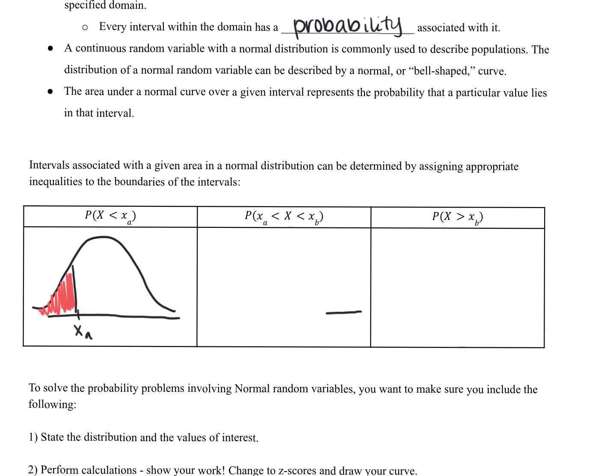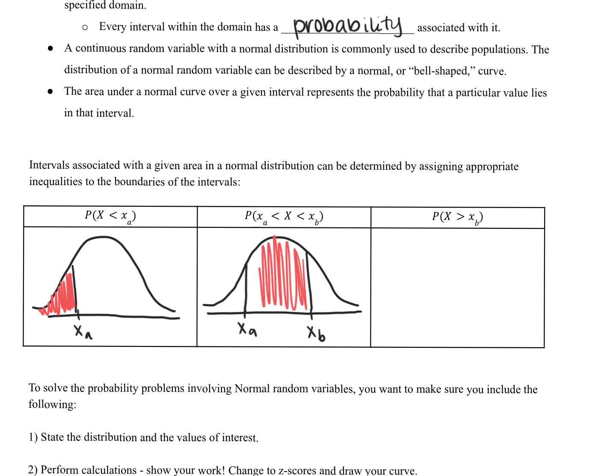You can also be between two x values, so my first one and my second one, and then between them is the area in the middle. And then lastly, if you want to be above some specific value, you have your area above, which is what we had discussed earlier.